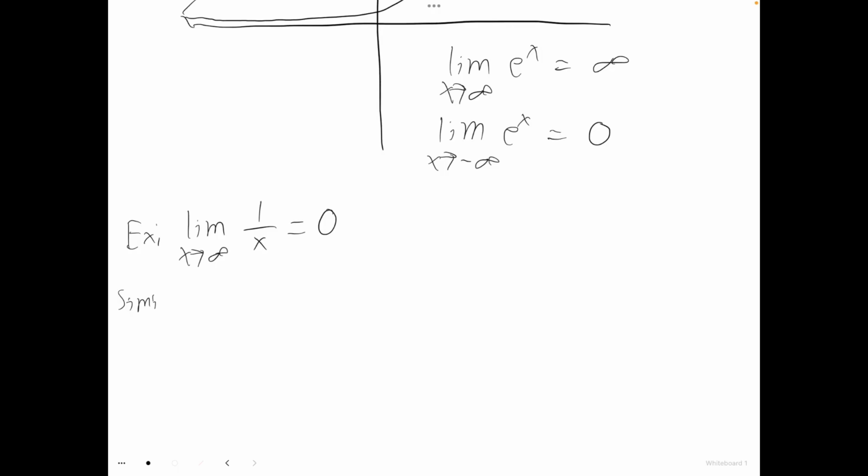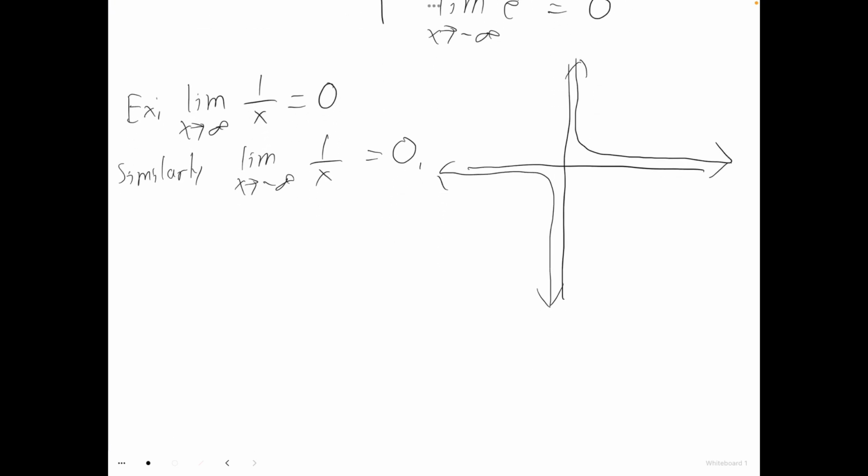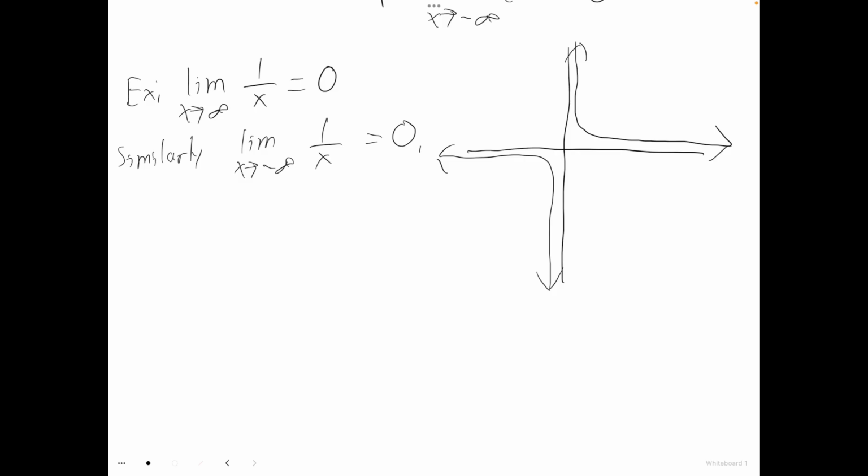And similarly, the limit as x goes to negative infinity of 1 over x is also 0. For the same reason, 1 divided by a really large negative number still is getting really small. Graphically, if you look at the graph of 1 over x, the graph of 1 over x looks like the following. And so we can see we do have this horizontal asymptote of 0 on both sides. But we're going to use this fact, or rather a fact related to it, to compute limits.